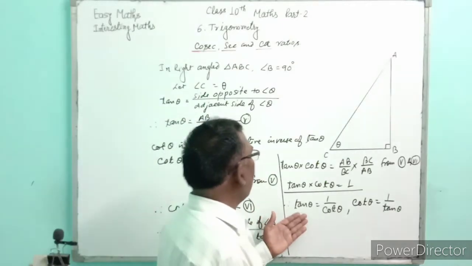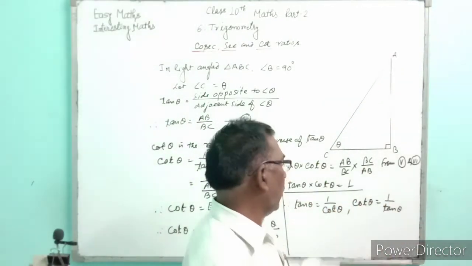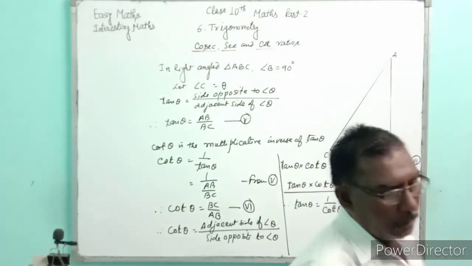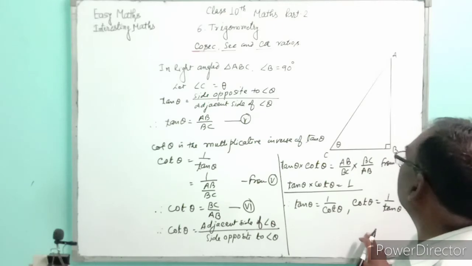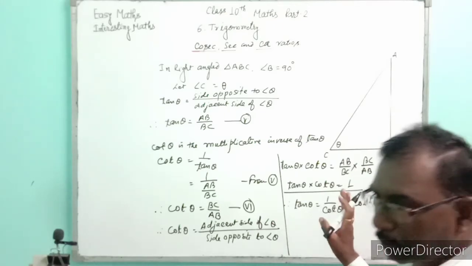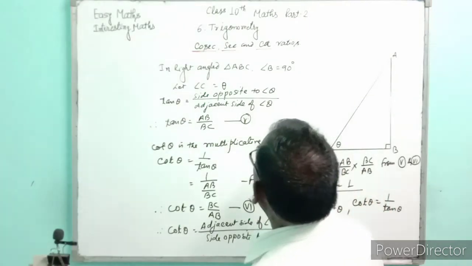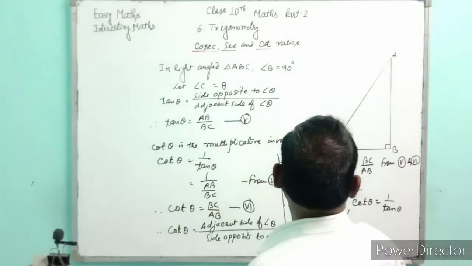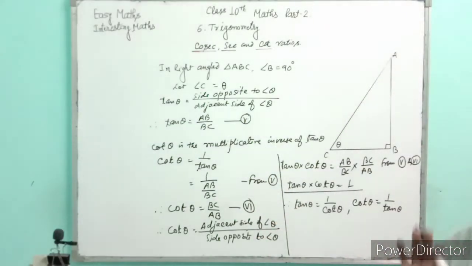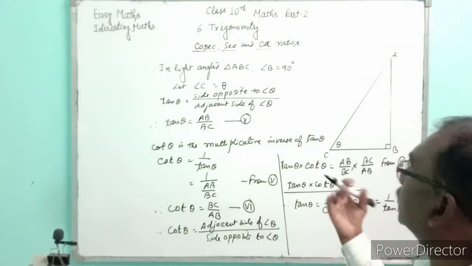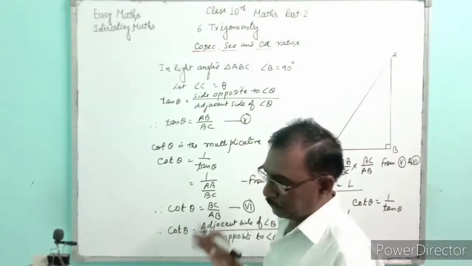So, tan A is equal to 1 upon cot A, or cot A is equal to 1 upon tan A. Like this, there are 6 formulas, and these are very important formulae. These are the relation between tan ratio and cot ratio, sin ratio and cosec ratio, and sec ratio and cos ratio.